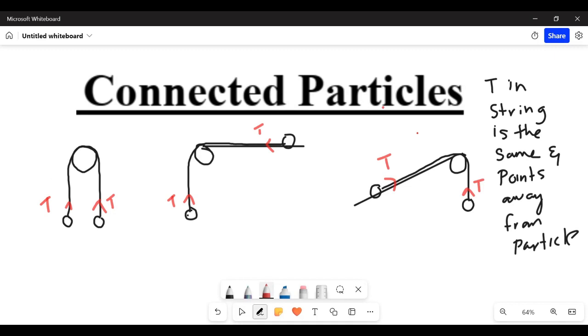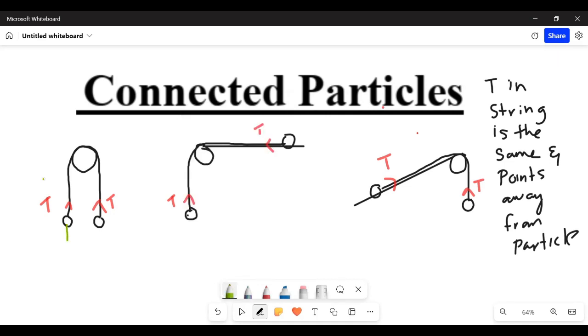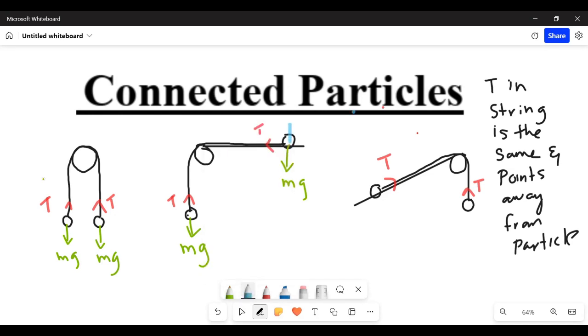Now in the first system, in the downward direction, we'll have the weight, mg, mg. In the second system, the weight on the first particle is in this direction, and on the second particle, the weight is going to be in this direction, and opposing the weight, there's going to be another force upwards.